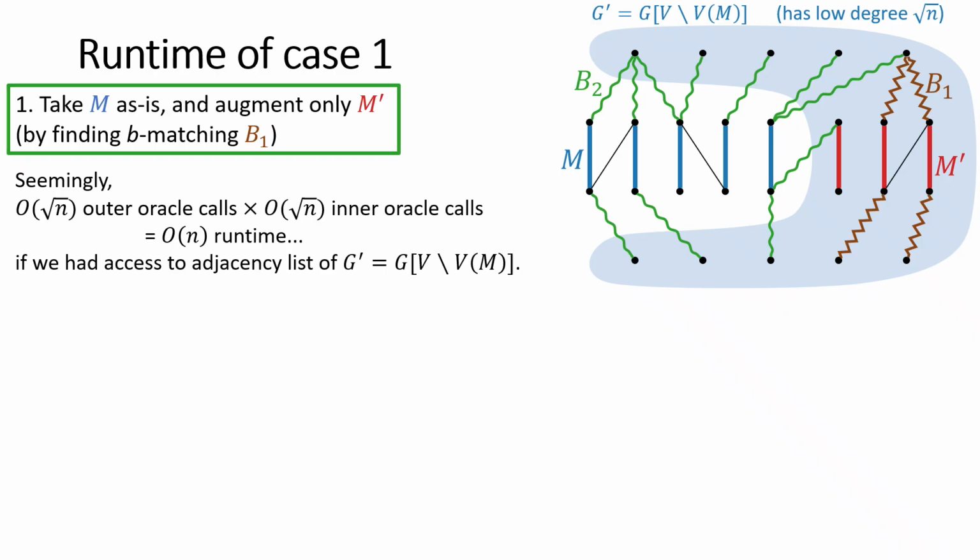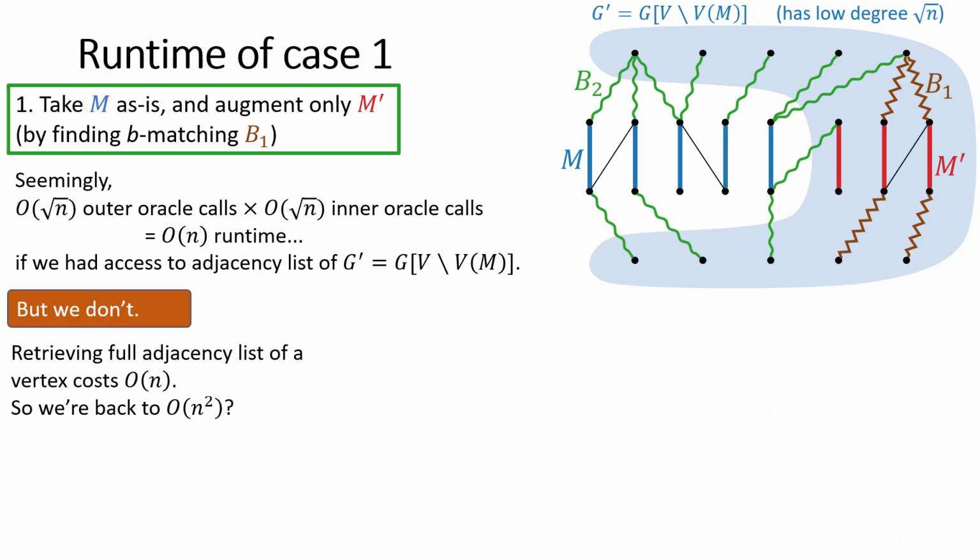That would give O(n) runtime. But this would only hold if we had access to the adjacency list of G prime. We don't. Maybe there is an issue because if we are at some vertex and want a G prime neighbor, maybe we have to read the whole adjacency list to find one. O(n) overhead would be very bad, then we're back to n squared.